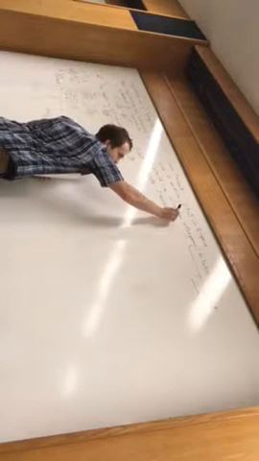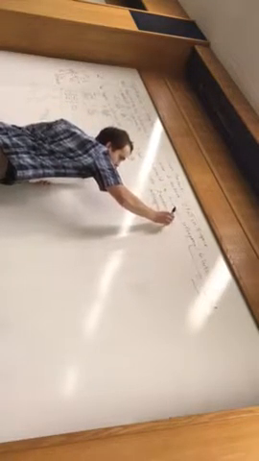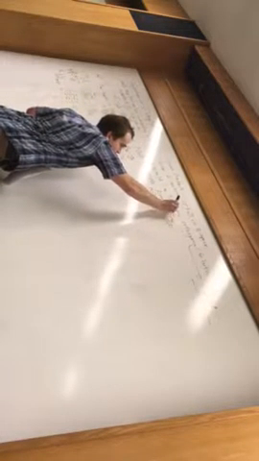Cool. So note 2 vectors are orthogonal if and only if, so this means exactly when one implies the other and the other implies the one. If and only if, and we'll call them v and w, they're orthogonal if and only if their dot product is 0.